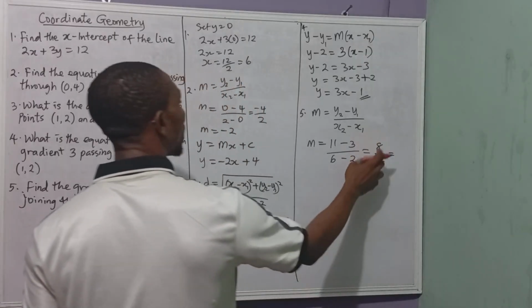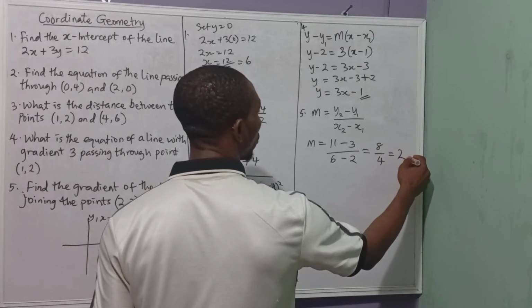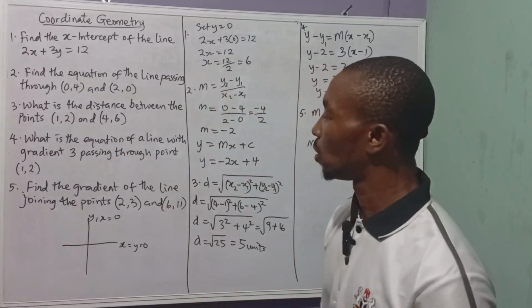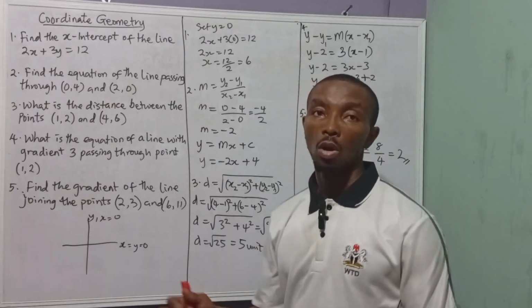Now 8 divided by 4 will give us 2. So therefore our gradient for the line joining the points would be 2.